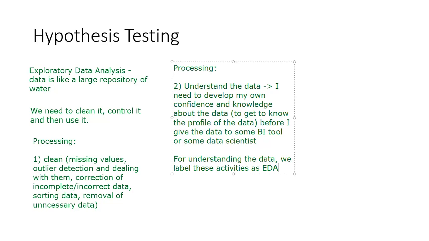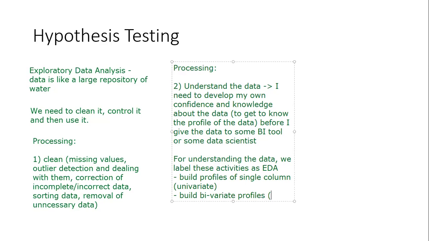So with EDA, what you want to do is to build profiles of single columns. Yeah, you can call it univariate, and build bivariate profiles, meaning two-column bivariate profiles. In this case, you can do correlation or covariance analysis.